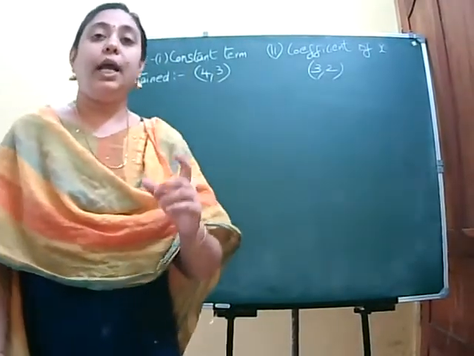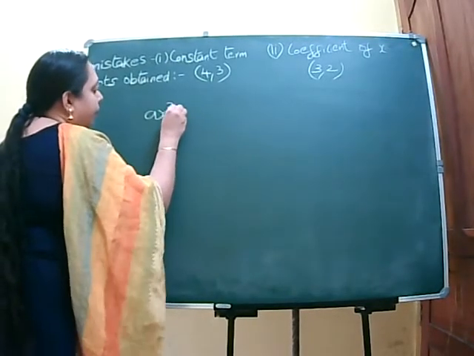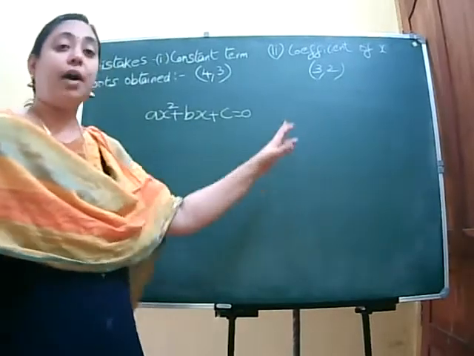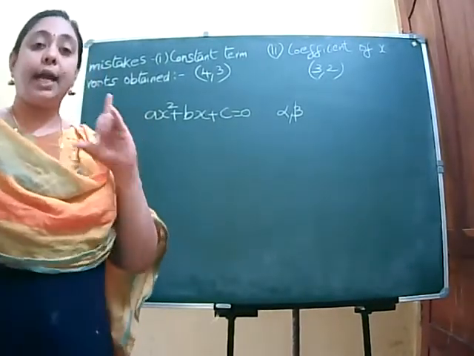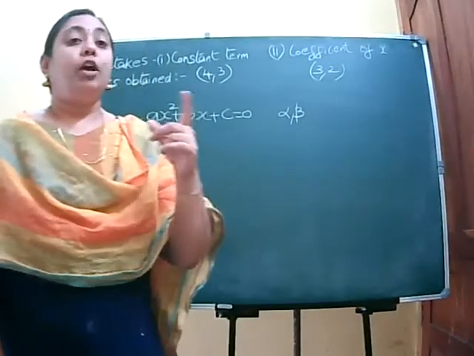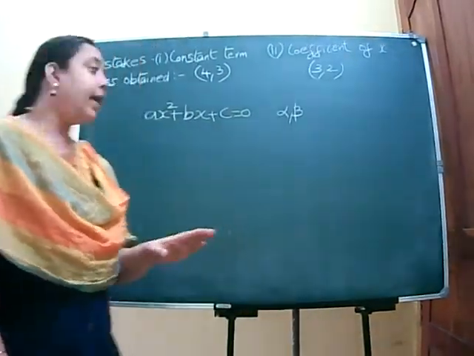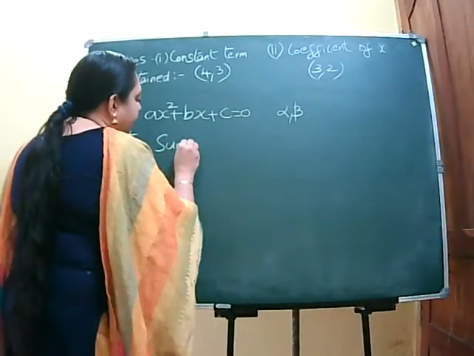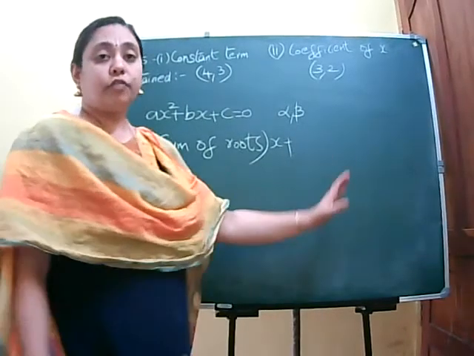So first of all, let us choose the required correct equation as ax square plus bx plus c is equal to 0 and their roots as alpha and beta.